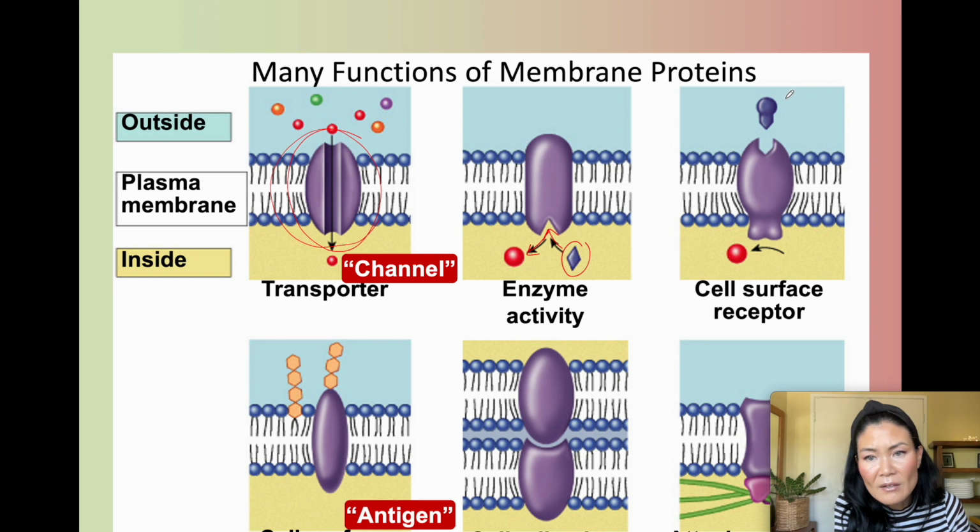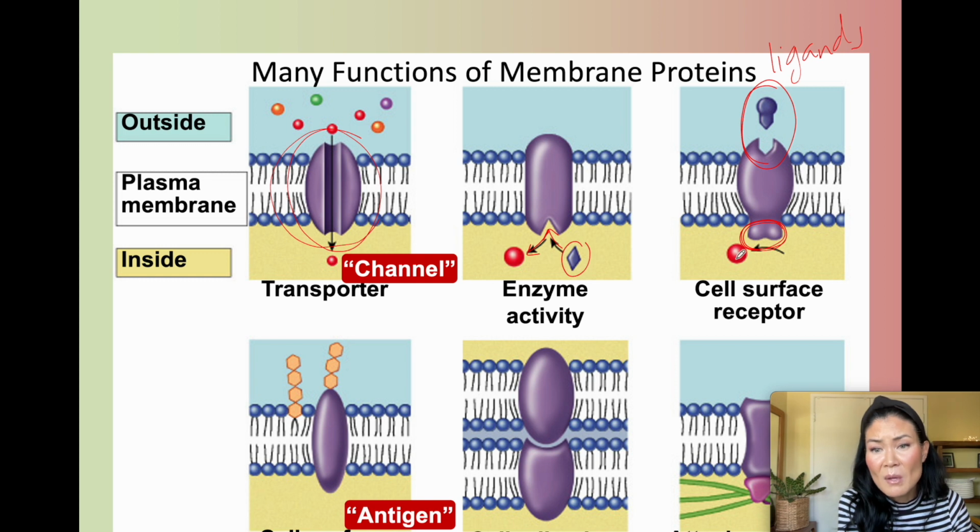And then another very important topic that you'll be learning about this year when it comes to cell communication is that you have signal molecules, and these signal molecules can also be called ligands. Okay, ligands. Ligands can bind to these membrane proteins and change shape, and the protein changes shape inside the cell and ends up sending a message inside the cell. There's a message that gets inside the cell because the protein changes shape due to a ligand binding to this membrane protein.